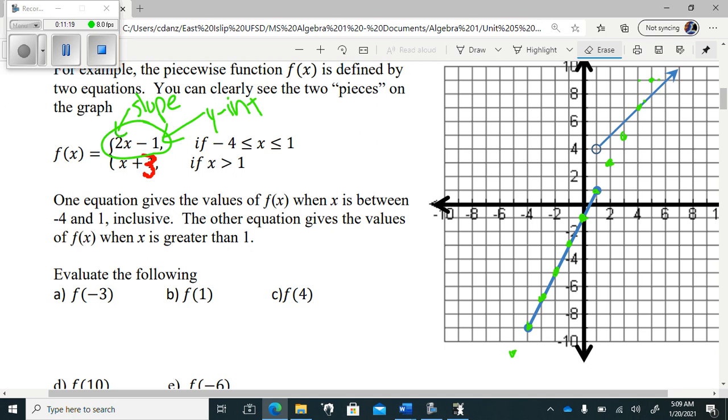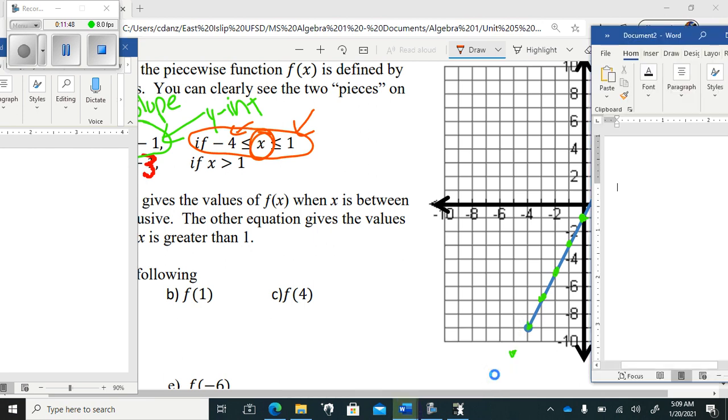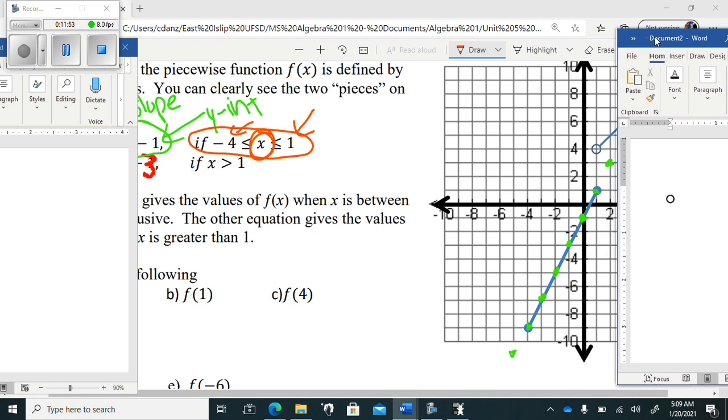It's this second part of the function. Let me get another color here. It's this that tells me which dots I'm supposed to connect. I'm supposed to connect the dots that I plotted for the x values from -4 to 1. And this is where those index cards come in. So I'm going to use these windows as an index card.